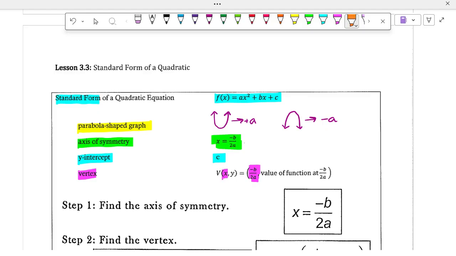The y value would be what happens when we plug it back into the original function. So we would have to take the b over 2a and plug it into the function to find the y. So for the vertex, whatever we got for the axis of symmetry, that's the x value of the vertex. The y value is when we plug that x value back into our original function.